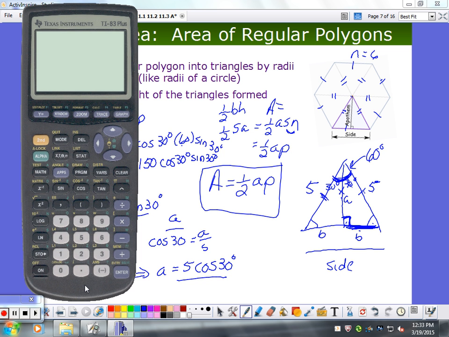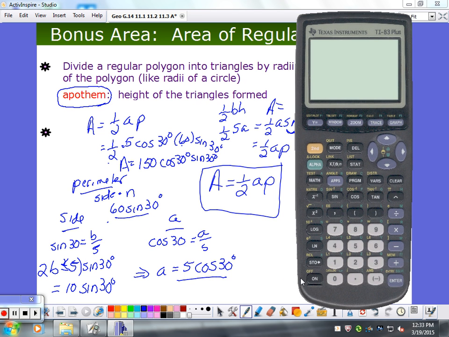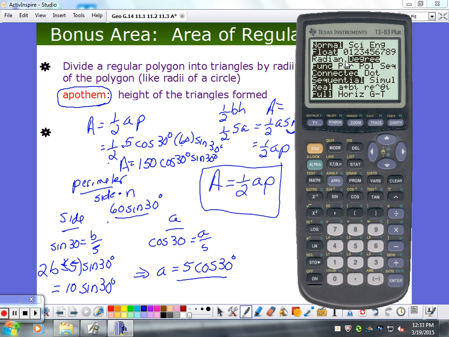What's the first thing we got to do if we're here too? Change your degrees. Whoops, I'm going to do it. Yeah, Tom? If you don't remember how to do that, press your remote button. I already did it on my calculator. If yours was cleared out, it probably said radians. So change it to degrees.